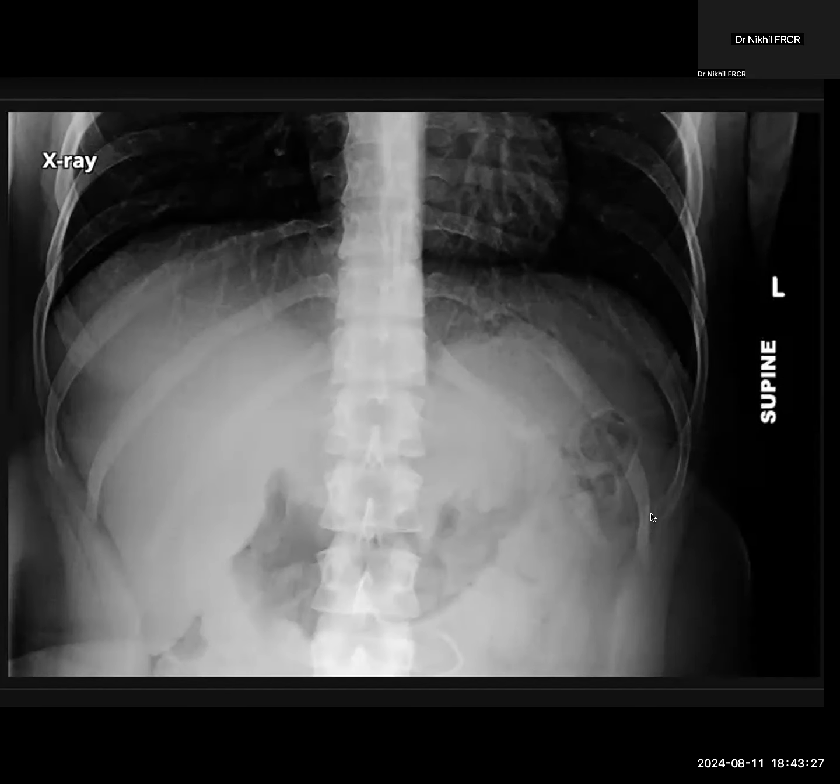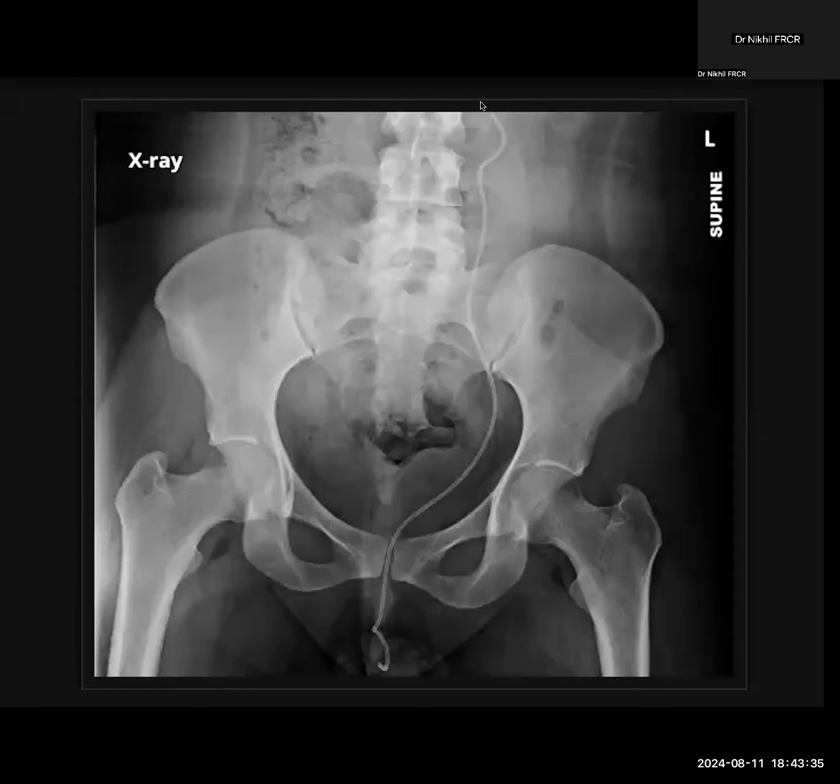So in such cases, before going in for cross-sectional imaging, always ask for a complete radiograph of the pelvis. And I already gave you a history that this patient had hematuria. So what has happened, the stent has passed beyond the level of the urinary bladder and gone into the urethra. So a possible urethral injury has resulted in hematuria.